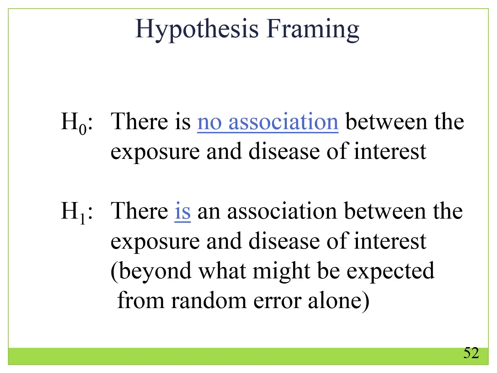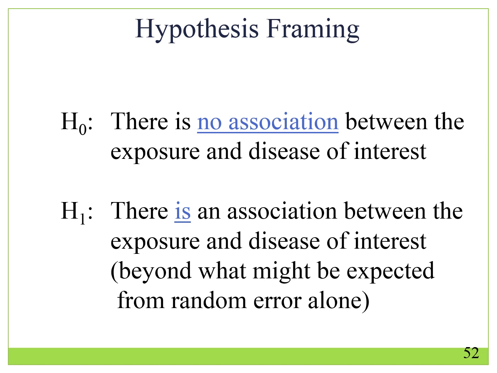For example, H null: there is no association between the exposure and disease of interest. But H1: there is an association between the exposure and disease of interest. So, these are our hypotheses.